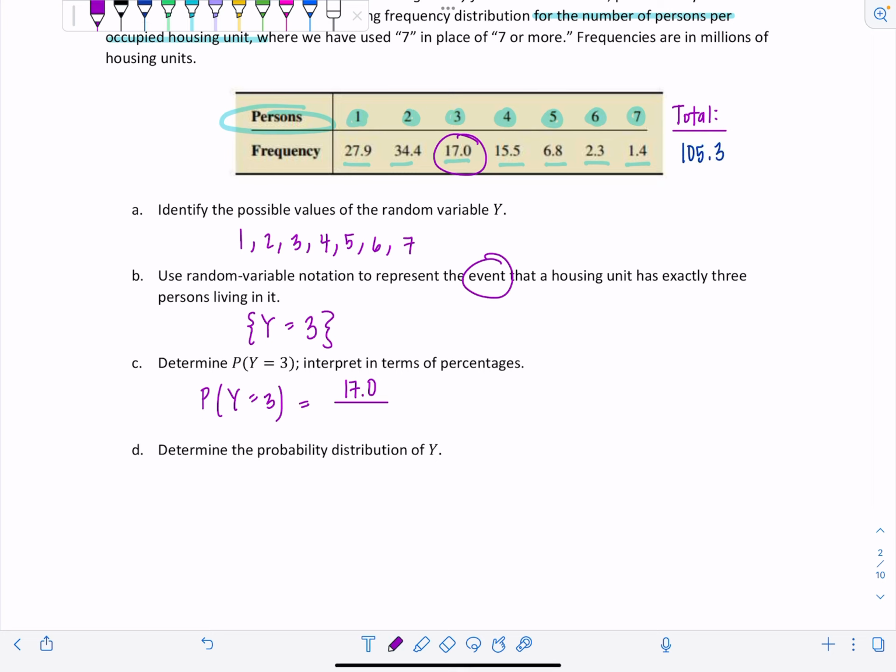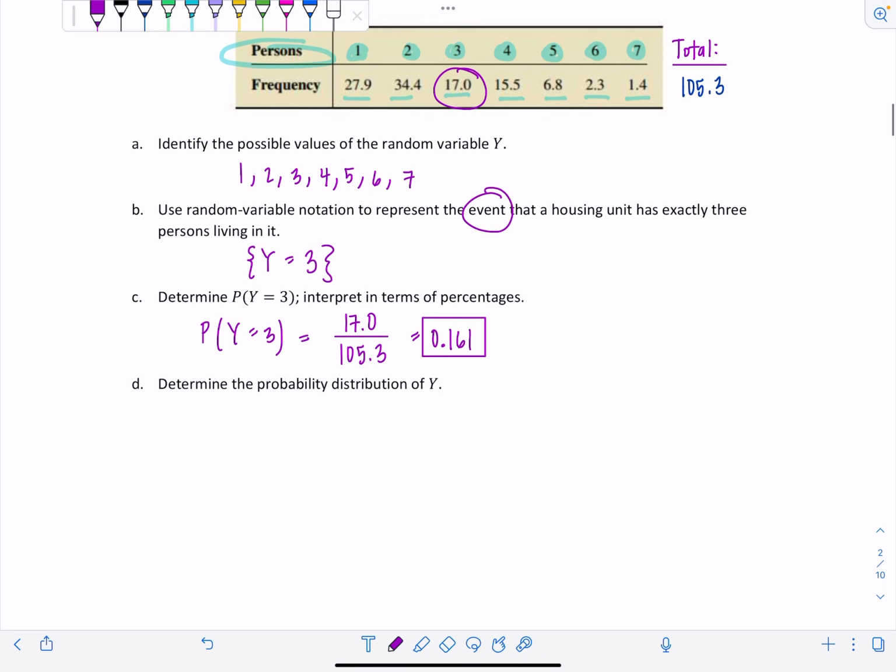Okay, so to get the probability that y is equal to 3, I'll take 17.0, divide by 105.3, and that gives me 0.161. I'll just round to 3 decimal places. Then interpret this in terms of percentages. Remember, we multiply our probabilities when they're in decimal form by 100 to get a percent.